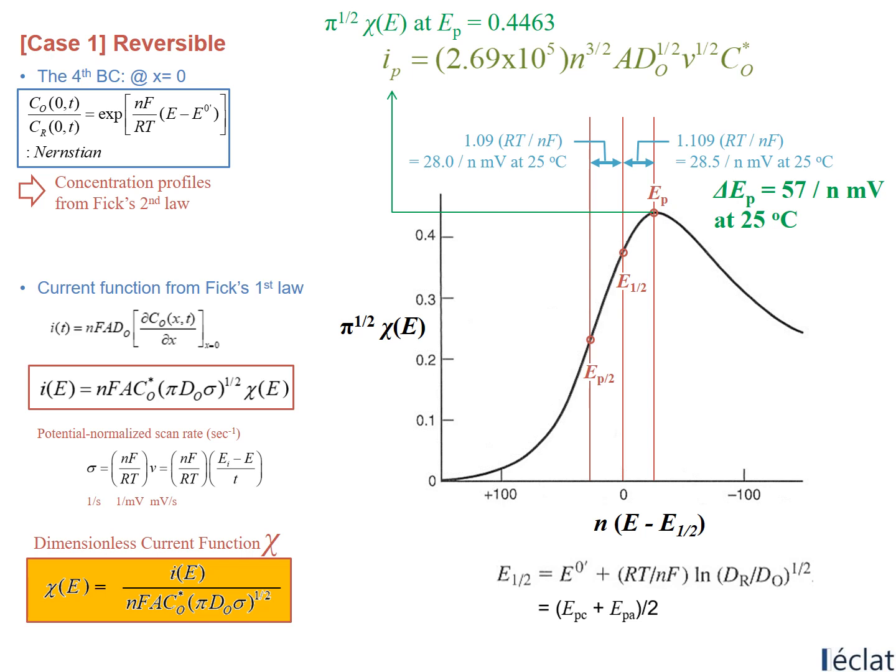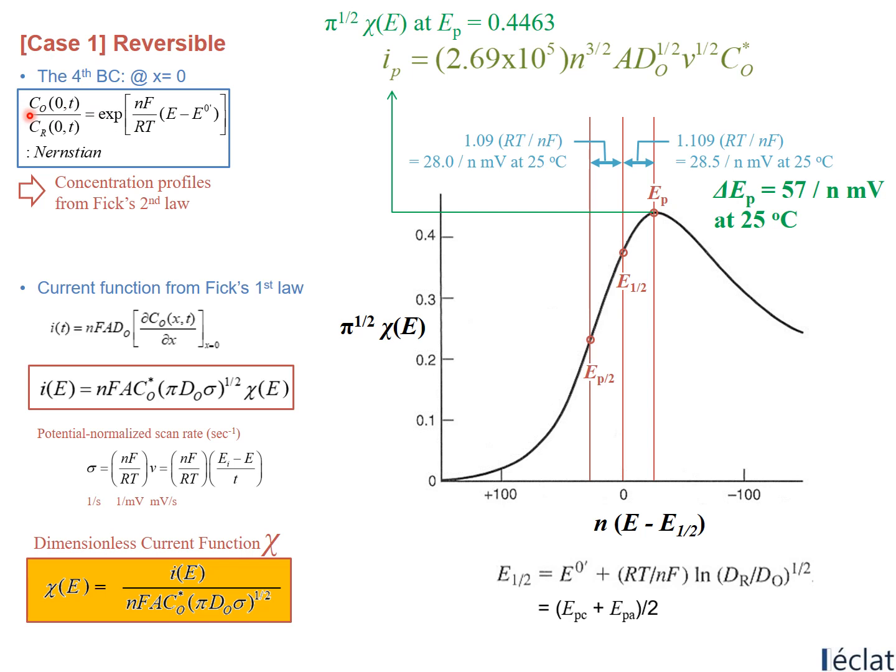So let me think about the reversible case. Actually, you are still in mass transfer limited or diffusion limited systems. It means your charge transfer kinetics is really fast. Reversible. So in that case, the fourth boundary condition at x equal to 0 is the Nernst equation.